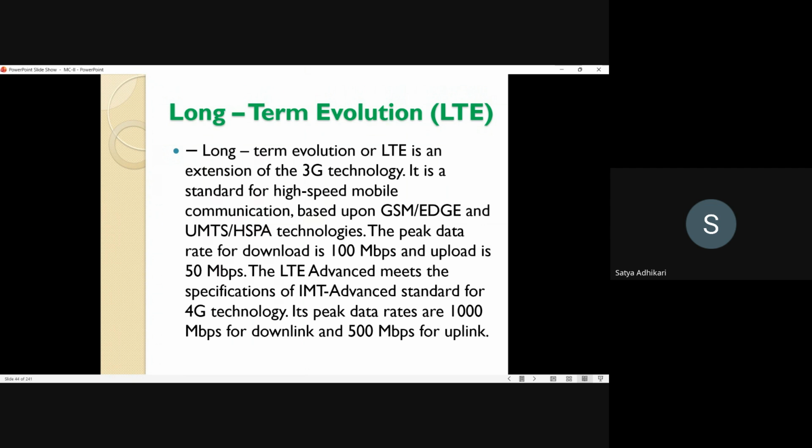The peak data rates for download is 100 Mbps and upload is 50 Mbps. LTE Advanced meets the specification of IMT Advanced standard for 4G technology. Its peak data rates are 1000 Mbps for downlink and 500 Mbps for upload or uplink.